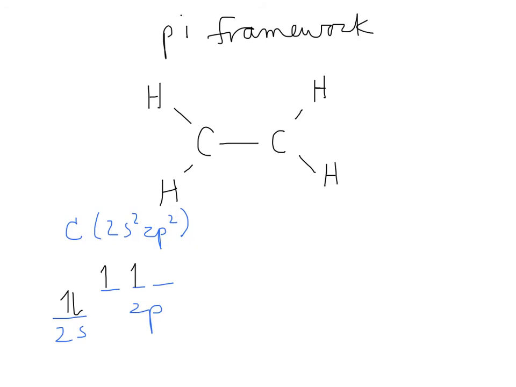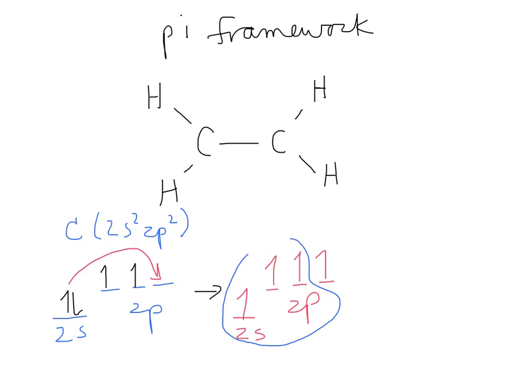Now you know where you want to go here. You know that you want to have 3 sp2 hybrids. So you want to promote 1 electron up to the p subshell. One, two, three, 4.